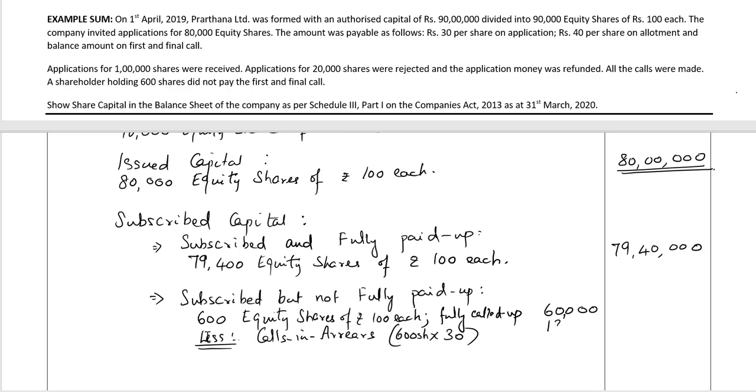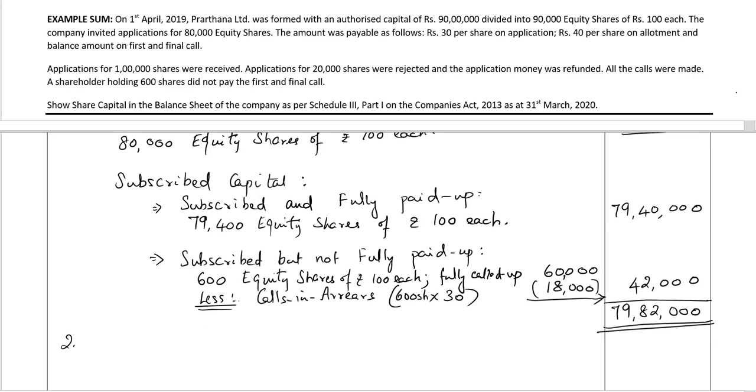So we have 18,000 rupees as calls in arrears, and in the outer column it's 60,000 rupees minus 18,000 rupees calls in arrears, coming up to 42,000 rupees. So the total amount that needs to be shown against share capital in the balance sheet is 79,82,000 rupees.